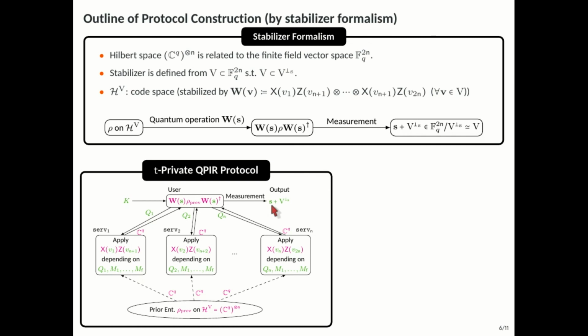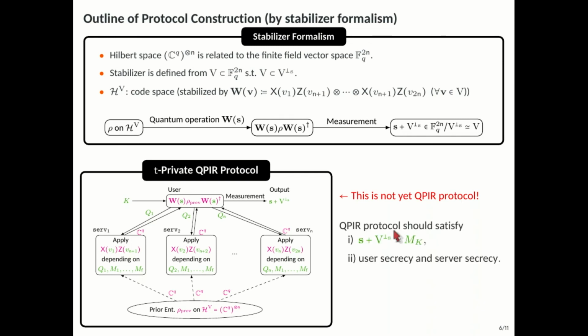So this is how the protocol is constructed, but you may notice that this protocol is not yet a QPIR protocol. For making this protocol a QPIR protocol, it should satisfy these two conditions. First, the outcome of the user should be the targeted message M_K for the correctness, and the user secrecy and the server secrecy, these two secrecy conditions, should be satisfied.